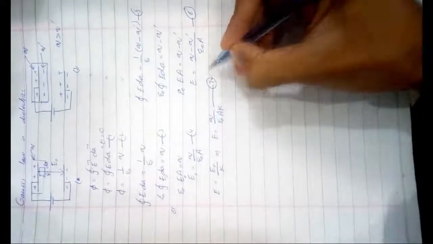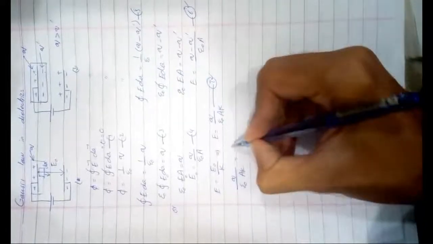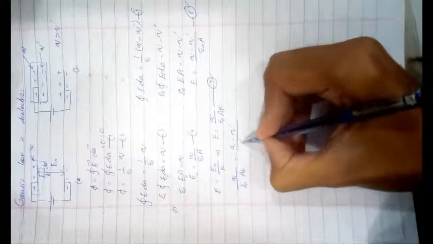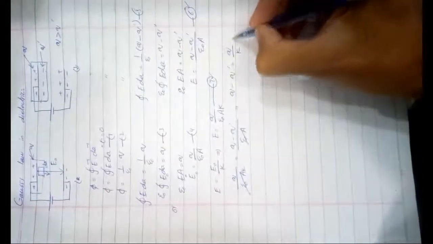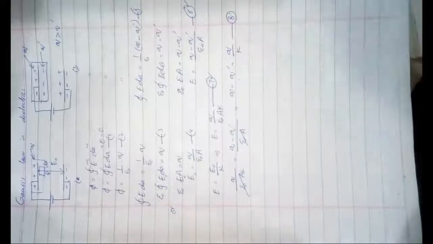By equating equation 7 and equation 6 we have Q over epsilon naught A K equals Q minus Q prime over epsilon naught into A, and cancelling we have Q minus Q prime equals Q over K, say equation 8.